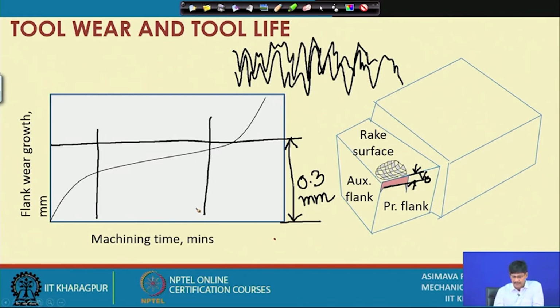Generally, if we have a cutting fluid, cutting fluid can vastly change the behavior of contact between two part surfaces. If direct metal to metal contact is there, most of the time very rapid wear takes place.